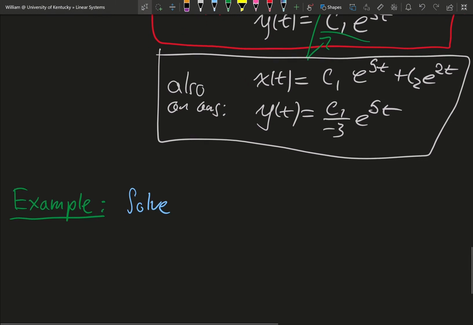All right, let's look at a slightly more complicated example before I end this video.